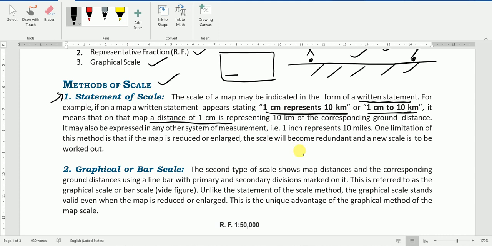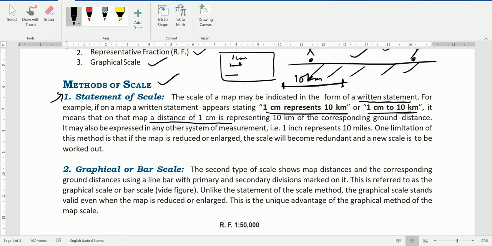So 1 centimeter to 10 kilometer means that a distance of 1 centimeter on the map represents a distance of 10 kilometer on the ground. This is the meaning of this statement of scale.